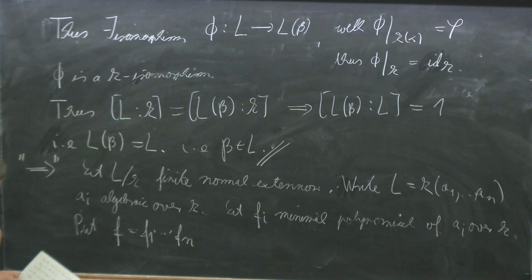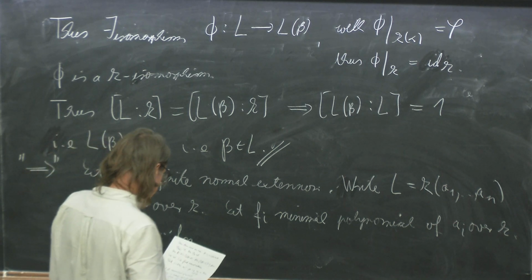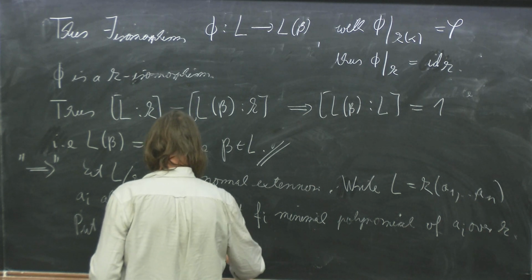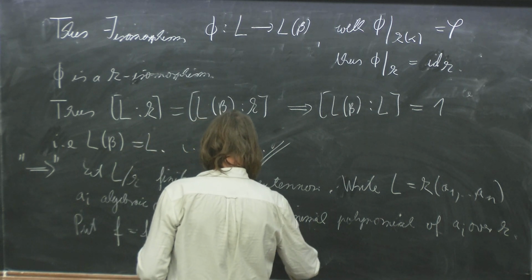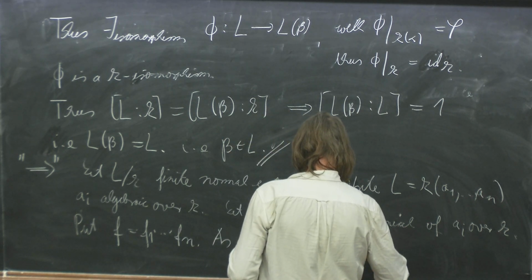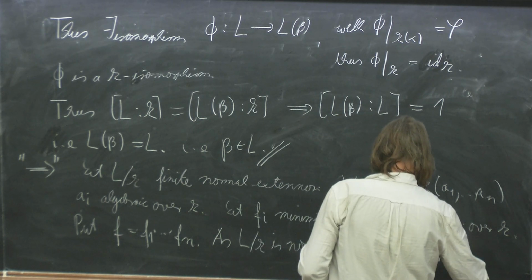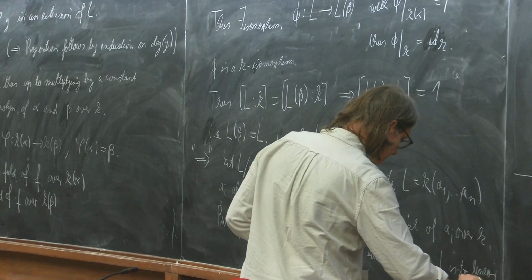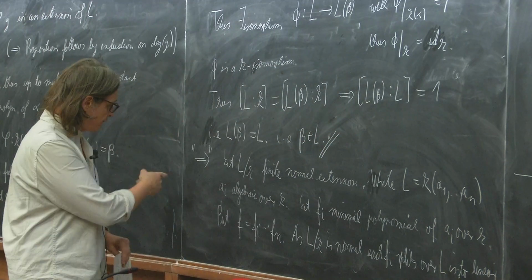Then I claim that L is a splitting field of F. So as L over K is normal, Fi splits over L into linear factors. And so also F does.